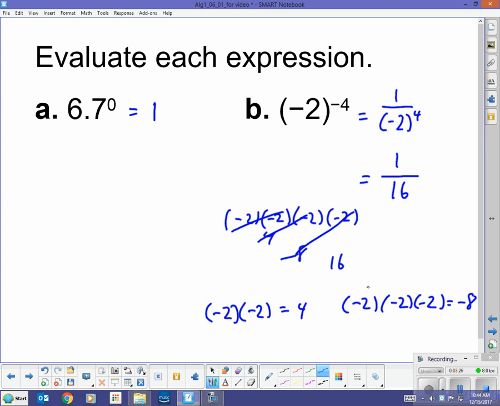Okay, so an odd exponent gets us a negative, and negative 2 to the power of 2 gets us a positive. Okay, so if we have a negative base, an even exponent gets us a positive answer. If we have a negative base, an odd exponent gets us a negative answer. Okay, so that's a good thing to keep in mind here as well.